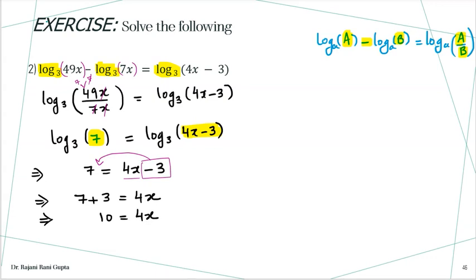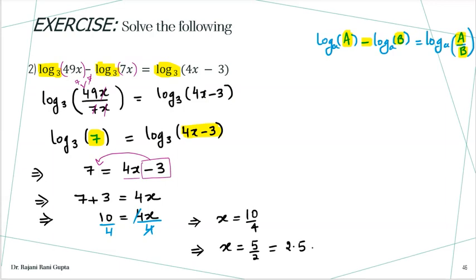As we want the value of x, we divide both sides by 4. Cancelling 4 with 4, this gives us the value of x as 10 over 4. Or you can write it as 5 over 2. Or you can also write it as 2.5. Okay, so this is how you solve it.